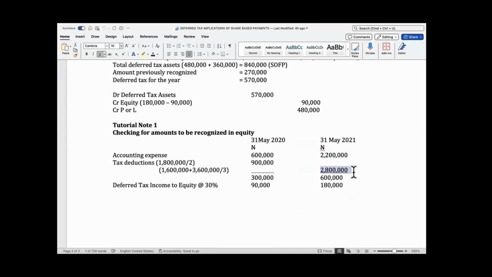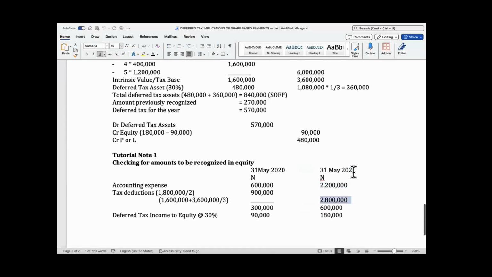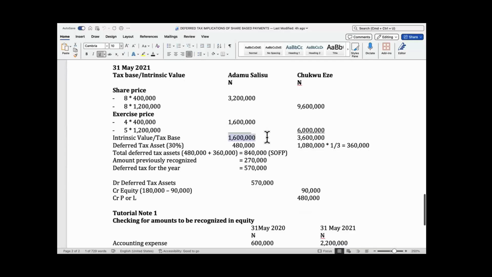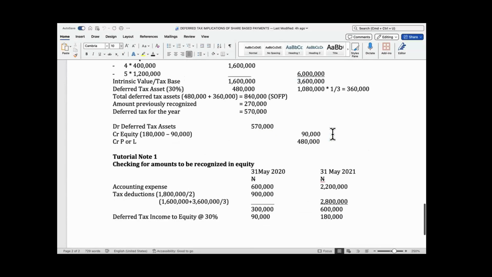Alternatively, you can look at it as, okay, the cumulative expense is 2.2. The taxman, the intrinsic value is 1.6 as at year 2, because that's the end for Adamu. This other guy, the intrinsic value is 3.6 times 1 over 3.